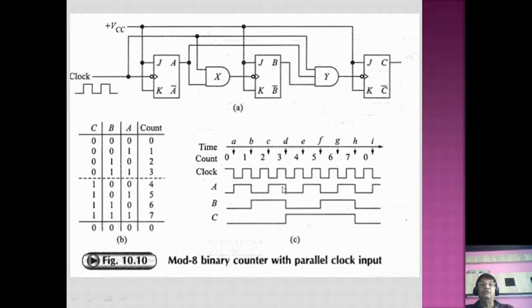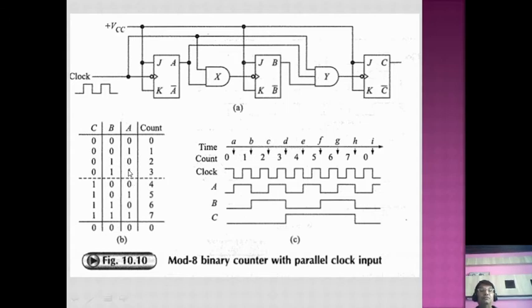Now, what happens to flip-flop B? You can see that the clock is not given directly to flip-flop B, but it is steered through the AND gate X to flip-flop B. So when the output of A is high, the clock pulse passes through the AND gate X and is available to flip-flop B. According to the truth table, when B is required to toggle, you can see that when the output of A changes from 1 to 0, B is required to change from 0 to 1.